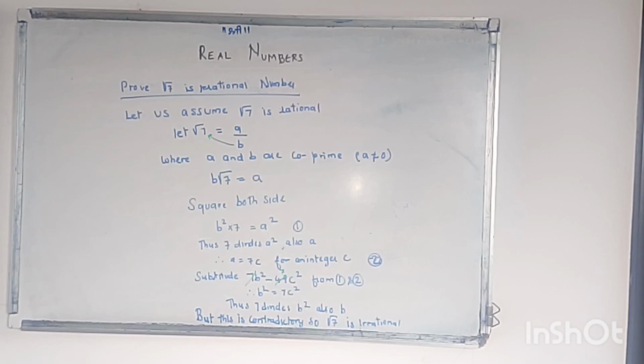Okay, this is for root 7. Now we can do the same thing, put all the statements the same, and we can do this for root 3. Suppose we are doing this for root 3.